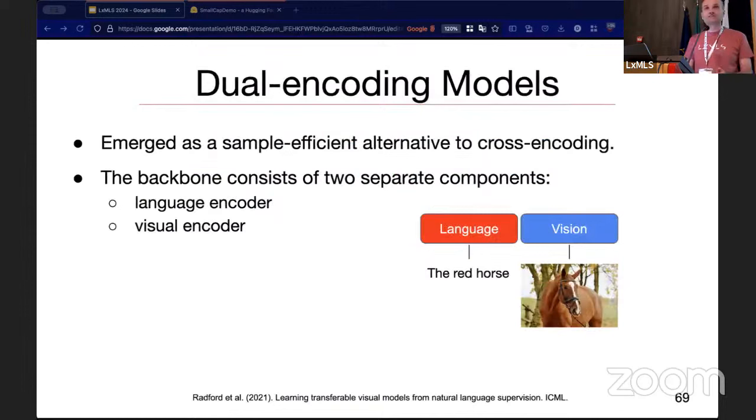An alternative to this kind of cross-representation learning is dual encoding methods, which emerged as a sample-efficient alternative where the backbone in this approach consists of 2 separate components, the language encoder and the visual encoder, and this is it. There's no cross-representation learning.